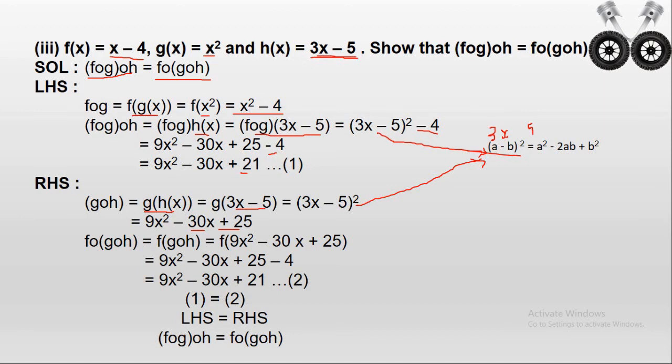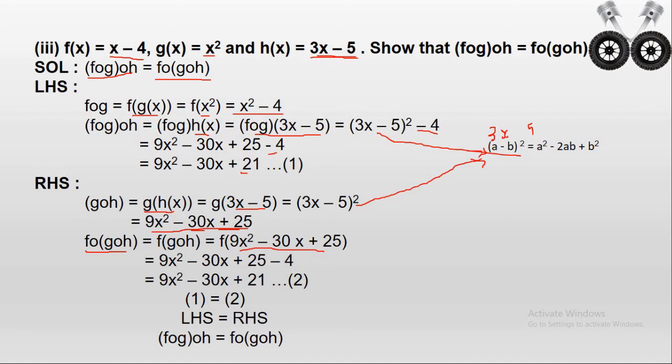So next you have to find the value for F composition G composition X. That can be written as F of G composition X. What is the value for G composition X? That is 9x square minus 30x plus 25. So now in F of x, wherever x, you have to substitute the value 9x square minus 30x plus 25 minus 4.